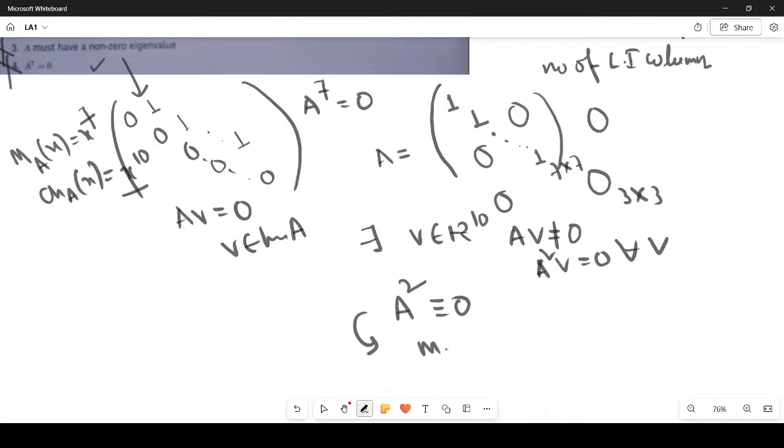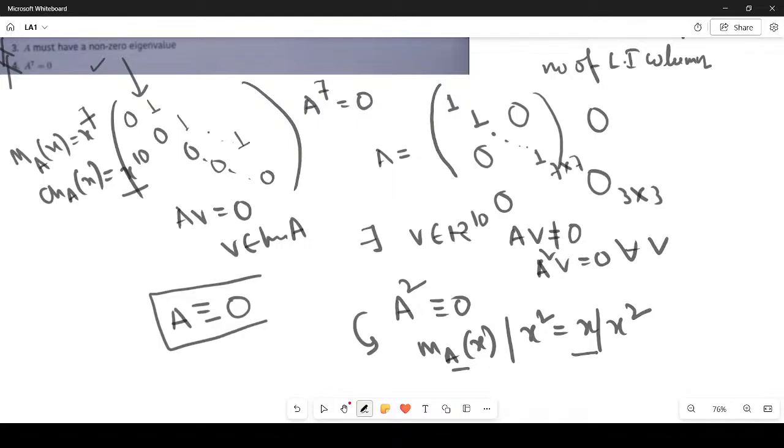So the minimal polynomial of A divides x squared, so it will be either x or x squared. If the minimal polynomial of A is equal to x, A should be identically 0. But if A is identically 0, then the rank of A cannot be equal to 7, right? So this is a contradiction.